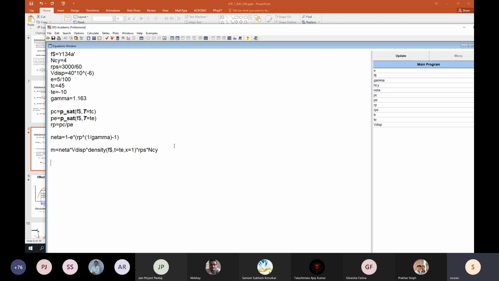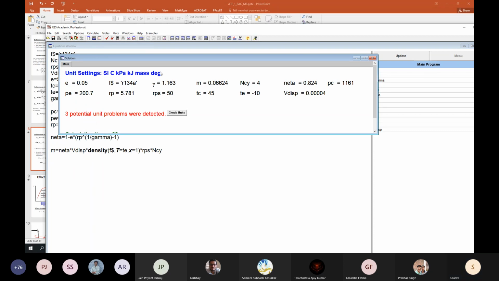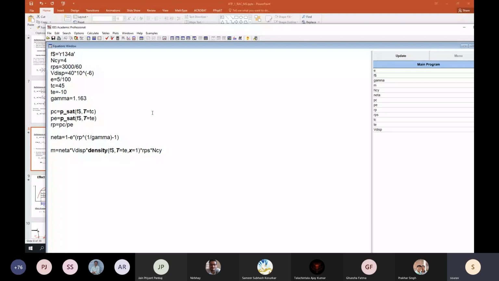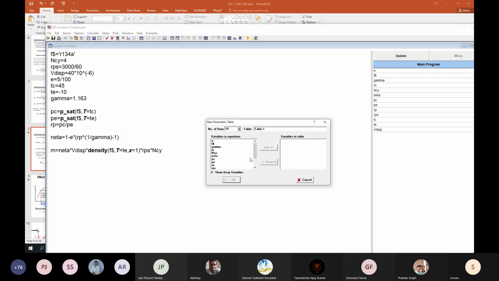And so before proceeding, I will show you how to draw a table. I want to draw a table in EES. So let's assume that I want to maintain TC constant. I want to vary T evaporator. Okay, so right now we are just getting 1 point on that curve. So what we need to do is create a new parametric table.